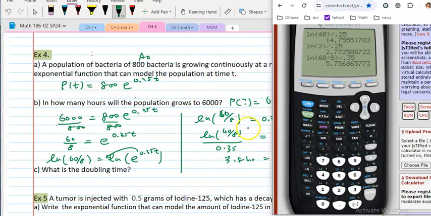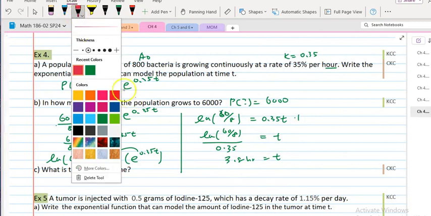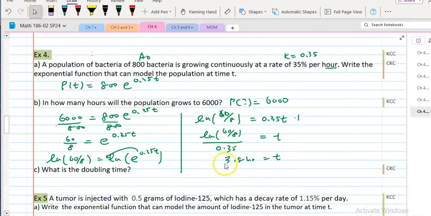Let me make sure that it is 0.35. Oh no, this should be erasing. Okay. Oh gosh. Okay, put it back. It comes to 5.8 hours.